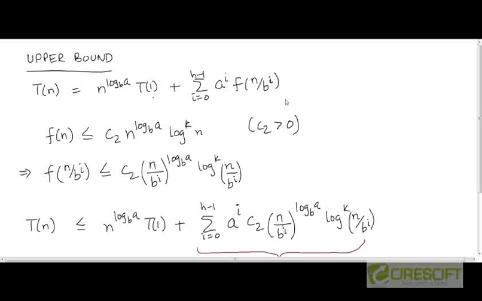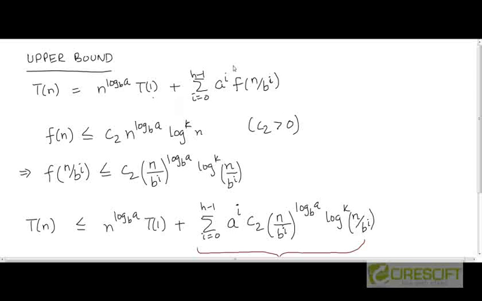So if the value of the right hand side goes up, then T of n will be less than or equal to the resulting right hand side, because T of n is equal to this.